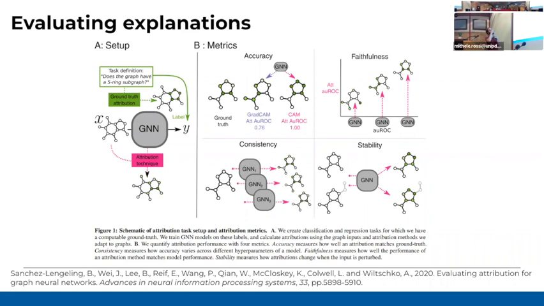Here, it's not so easy because typically when you're trying to explain things, you don't have a ground truth. In your data set, you don't know the perfect explanation. And even if you know the perfect explanation, you also need to define good metrics about the explainability. This is a nice paper that introduces this. But in order to decide which explanation method is best, you need to have a data set where somehow you have the perfect explanation.